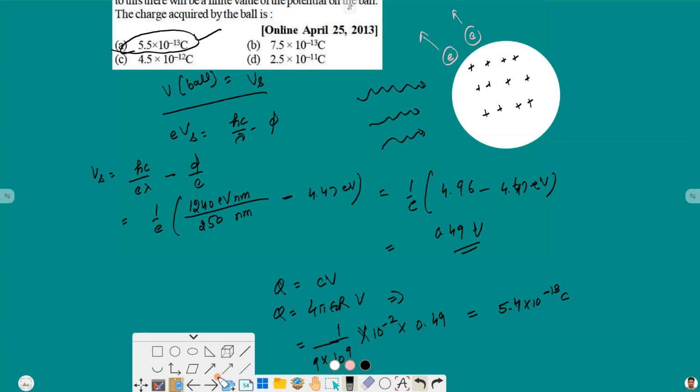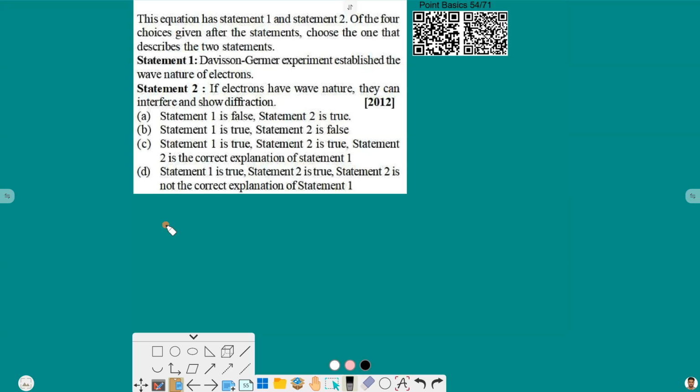So with this, moving to the next one. This question has statement 1 and statement 2. One of the four choices given, choose the one that best describes. Davisson-Germer experiment established the wave nature of electrons, and we know that is basically right. Electrons have wave nature, they can interfere and show diffraction.